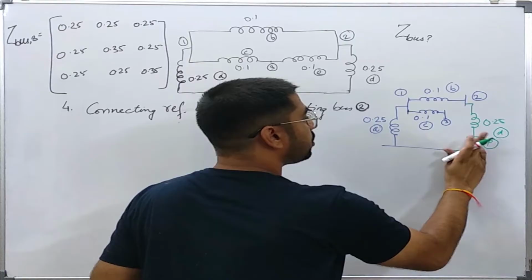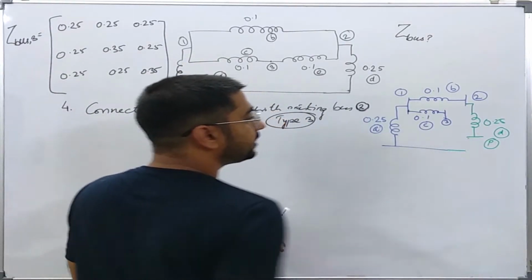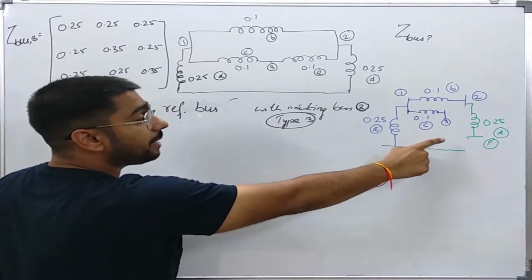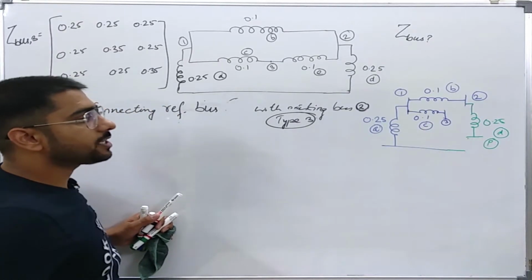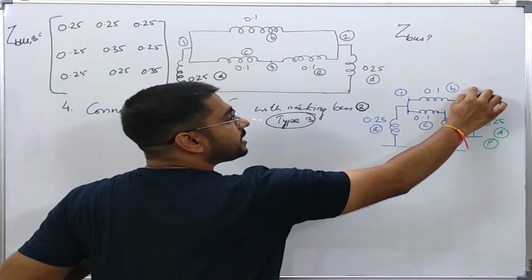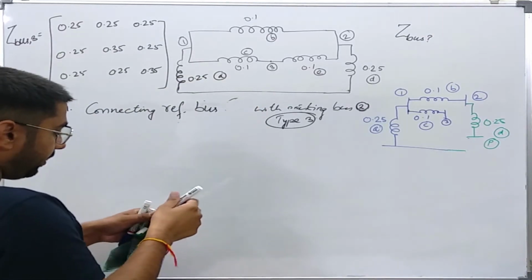So by connecting the new bus, it will become an example of type 2 modification. That is, we are connecting a new bus to the already existing bus number 2. So let us see what will happen.